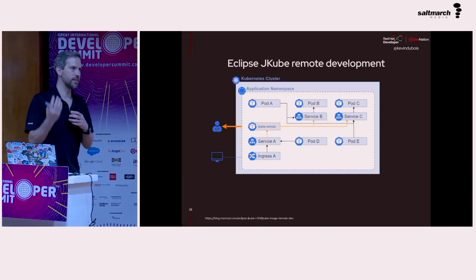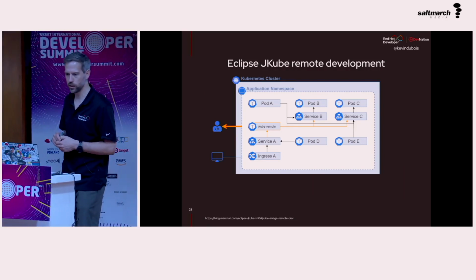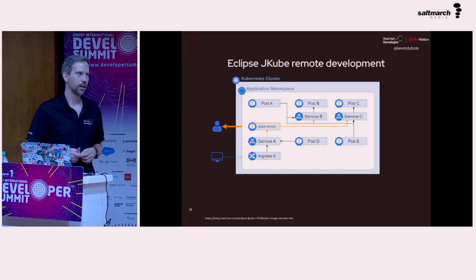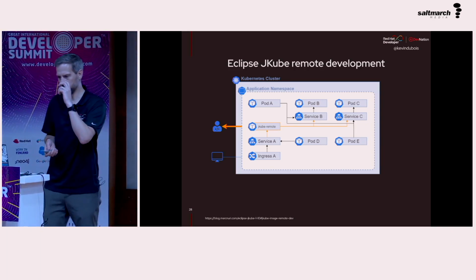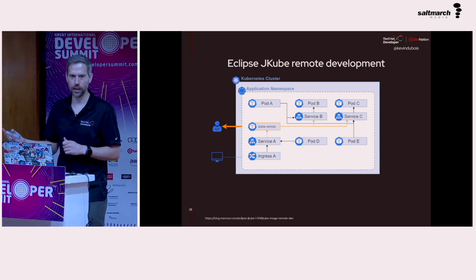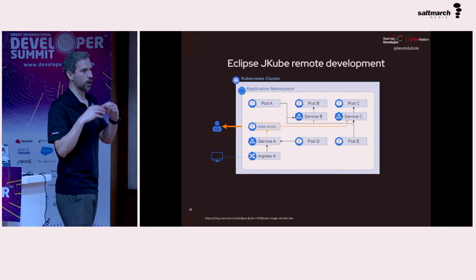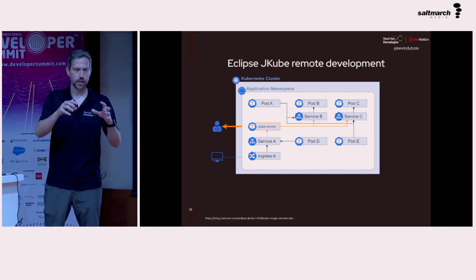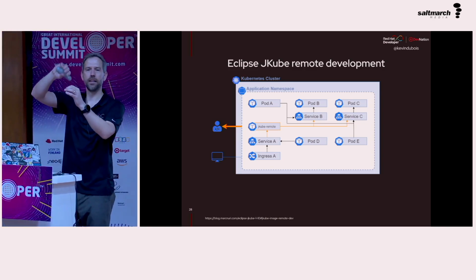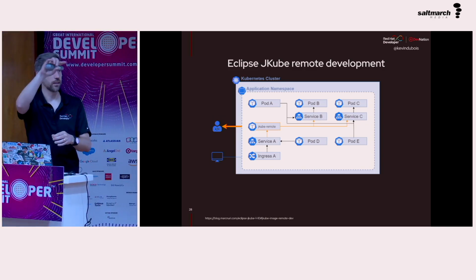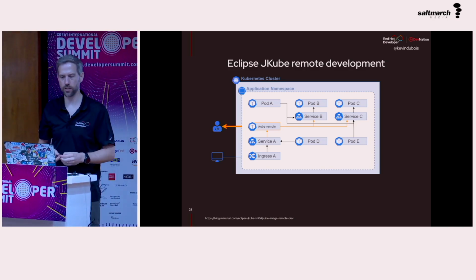And that's kind of the idea behind this third solution, which is JKube. JKube does sort of the same thing as the Quarkus Dev Mode, except in this case, we actually have the application running on our local machine, and it's going to tell Kubernetes that it should send traffic to this local service while I have the remote services up and running.